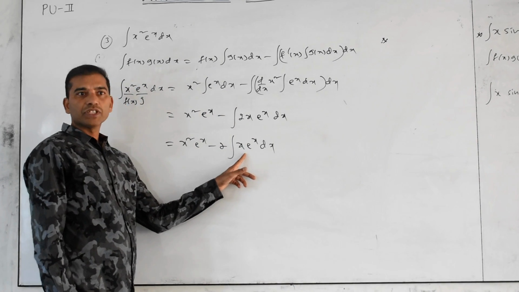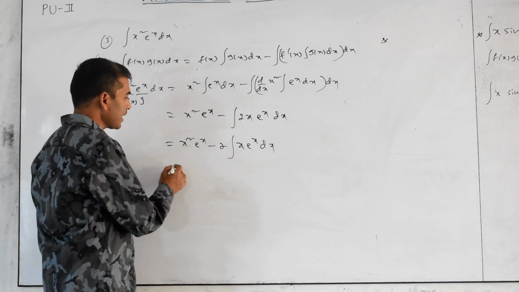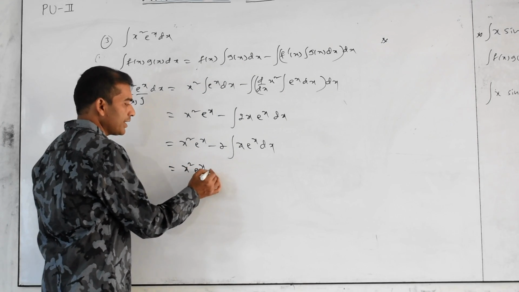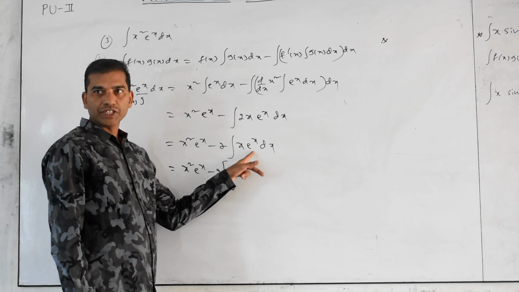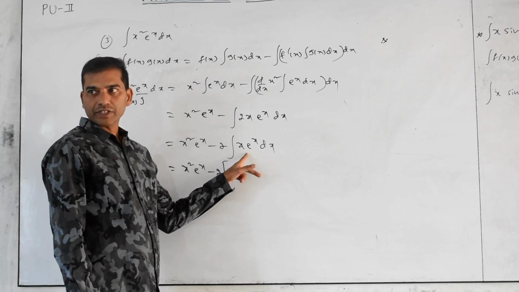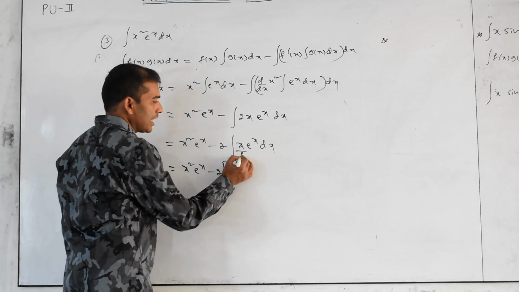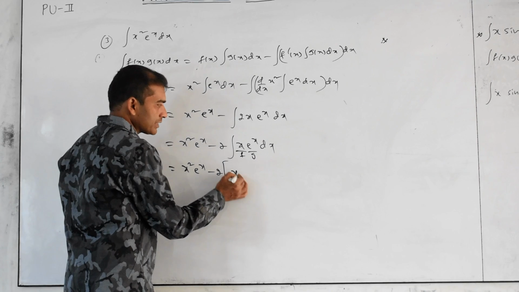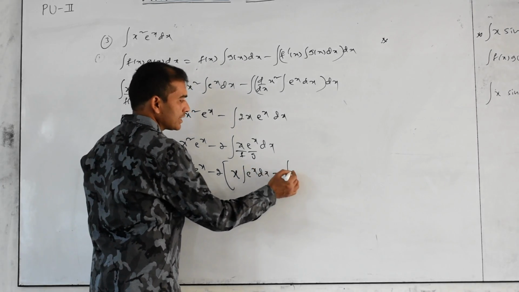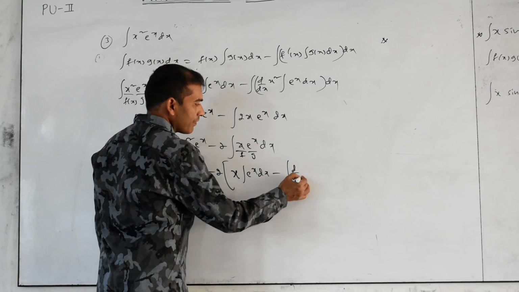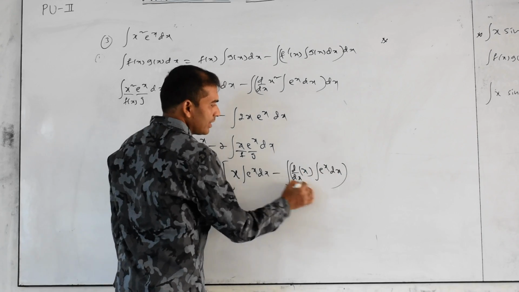Again, this is in the form of u into v, product of f and g. Again use the product rule: x square into e power x minus 2, f and g. This is exponential form, this is algebra. Let me use this formula again. This is f and this is g. Now f of x is x, integration of e power x dx, minus d by dx of x, integration of e power x dx, and whole dx.